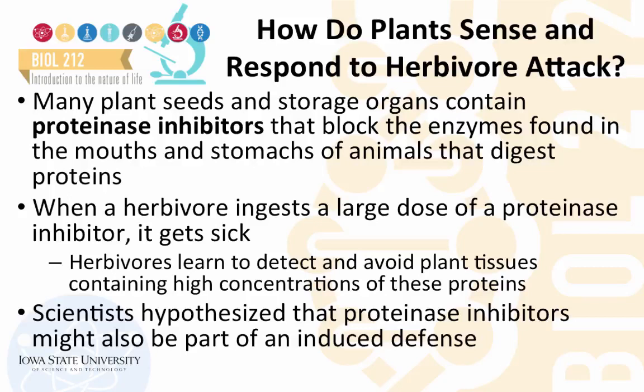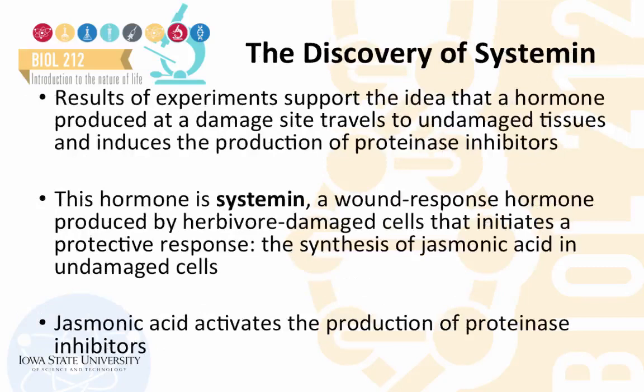This led scientists to hypothesize that proteinase inhibitors might also be part of an induced defense, which begins when an herbivore consumes plant tissue. Results of several experiments support the idea that a hormone produced at a damaged site travels to undamaged tissues and induces the production of proteinase inhibitors.